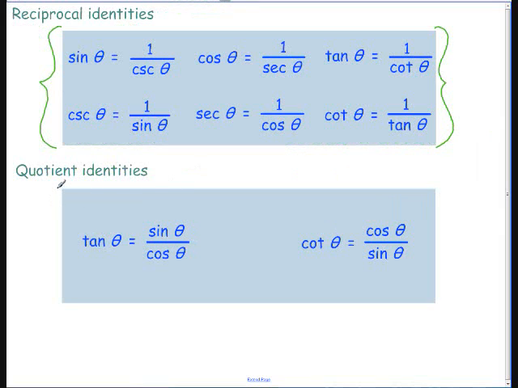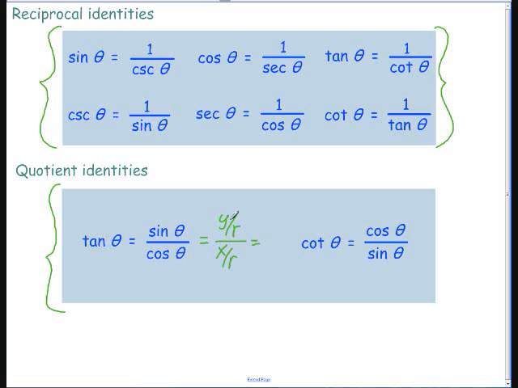Then we have quotient identities. We worked with this one here early on when we were first defining trig functions. Remember this one? We proved it. Y over R, X over R. Those are those trig ratios, right?